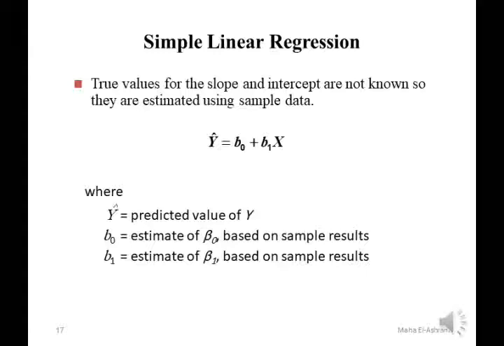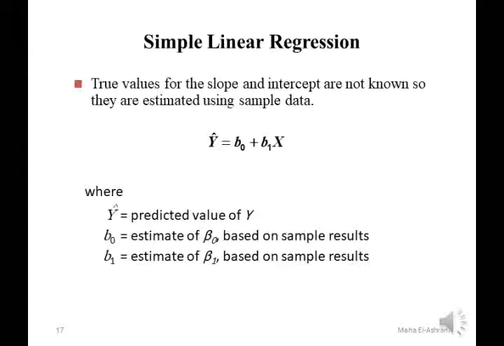Now, the line that is used to predict the relationship between x and y is based on a data set, because usually a data set is never the population but a sample.